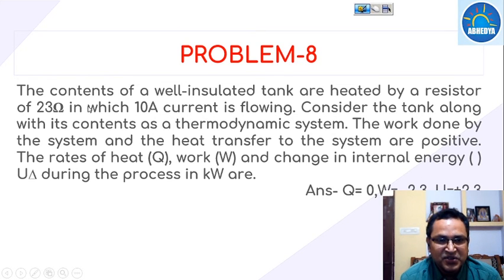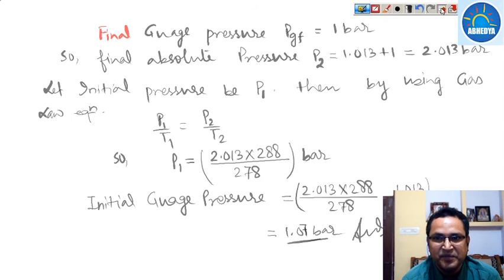The question was: the contents of a well insulated tank are heated by a resistor of 23 ohm in which a 10 ampere current is flowing. What does it mean? How much heat is generated? Heat generated is I square R. So first we will calculate how much heat is generated through the resistor.